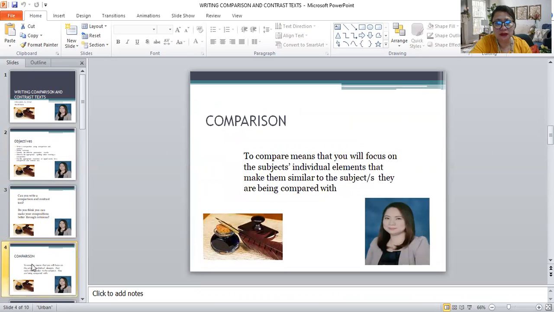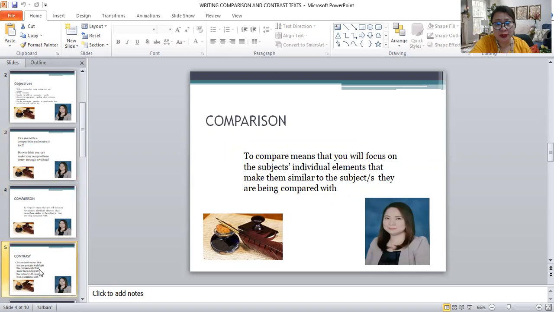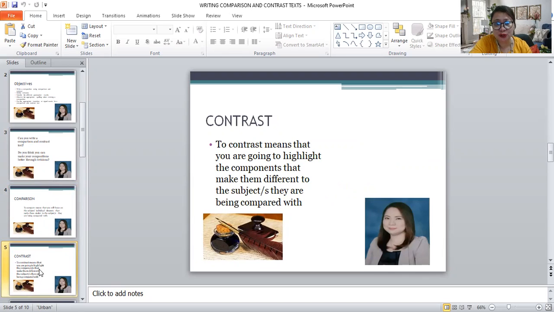To begin with, let me define comparison. To compare means that you will focus, of course, on the subject's individual elements that make them similar to the subjects they are being compared with. And contrast means that you're going to highlight the components that make them different to the subjects they are being compared with.